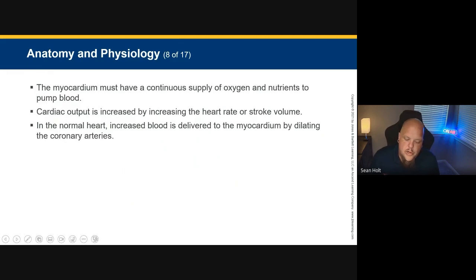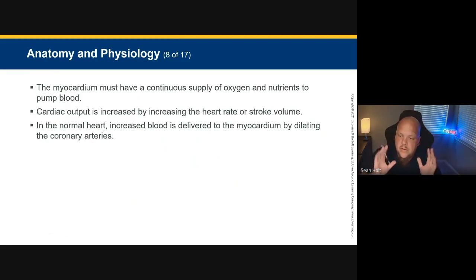All right, the myocardium, or the heart muscle, cardium meaning heart, myo meaning muscle, must have a continuous supply of oxygen and nutrients to pump blood. Cardiac output, this is how much blood is being pumped out of the heart every minute. Okay, we can't calculate this exactly by like milliliters or anything like that without something called an echocardiogram, and we don't do that in the field.